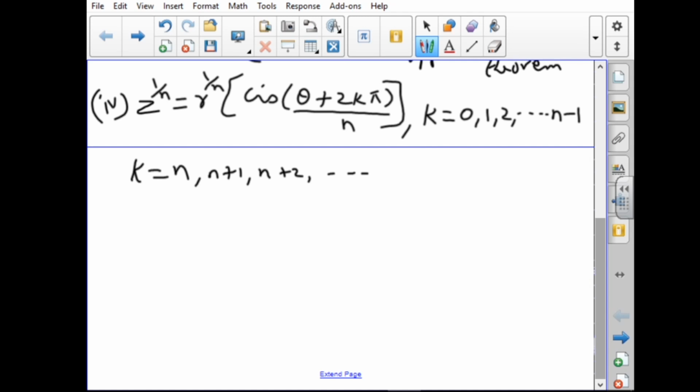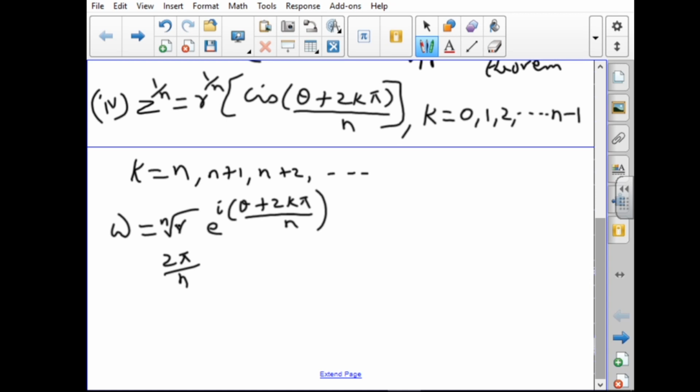In Euler's form we can also write this as omega is equal to the nth root of r into e power i into theta plus 2k pi by n. When you give values for k, 0, 1, 2, etc., the argument differs by 2 pi by n.